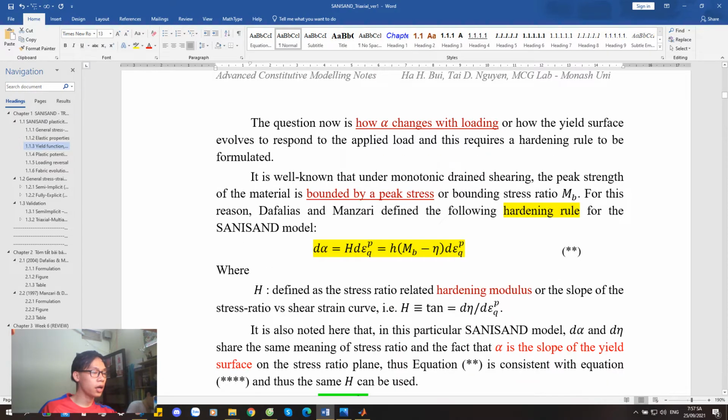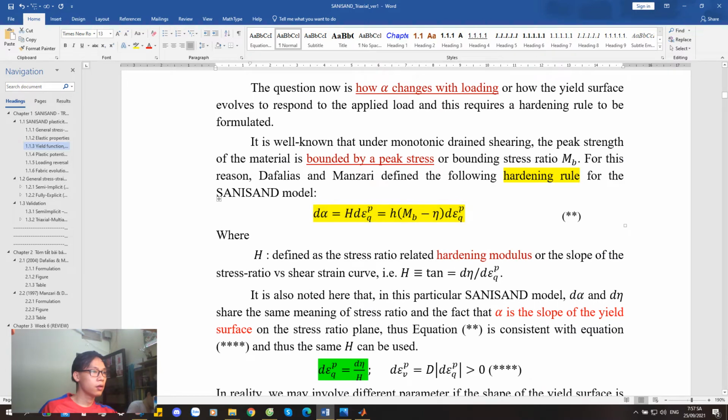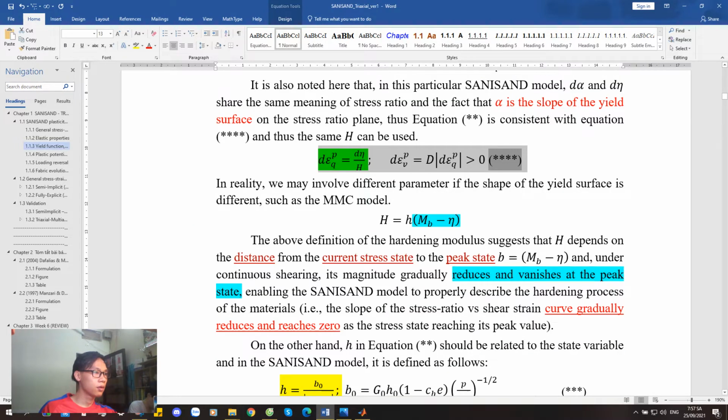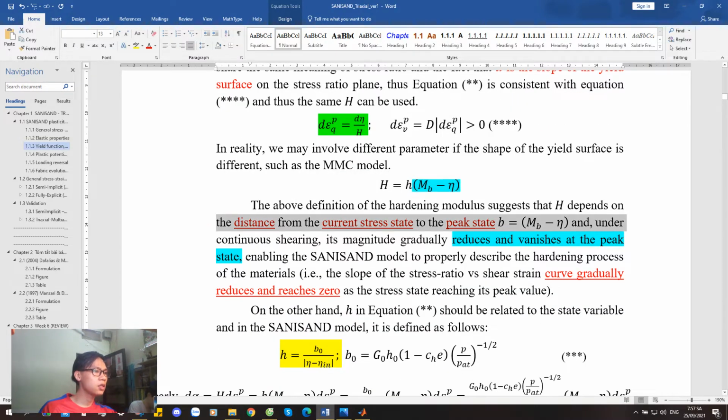I'll make it quick and focus on explaining the fabric. So you can see the hardening rule there, D alpha, MP, and eta. It's just a distance, MP minus eta.